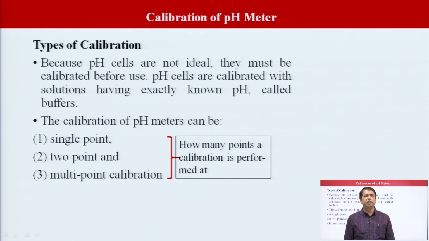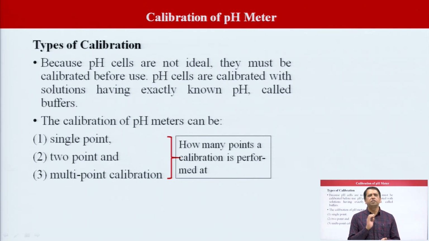Now, the next thing is the types of calibration. Because pH cells are not ideal, they must be calibrated before use. All pH meters are not ideal equipment where one-time calibration can ensure their results are repeatable as well as accurate. So, these pH cells are not ideal, and they require regular monitoring as well as calibration.